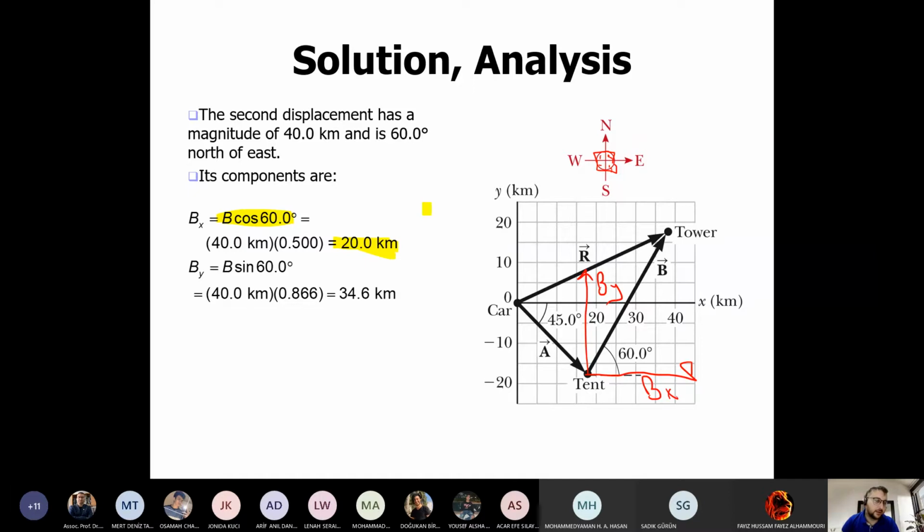Then calculate the y component, B times sine theta, and you will find that it is equal to 34.6 kilometers. After you find all the components of the paths, then you can make the summation, because you know that the summation is between the x component and y component, i hat with i hat, j hat with j hat.